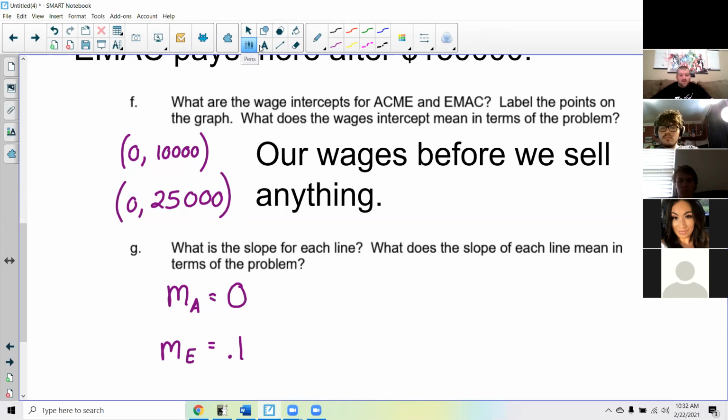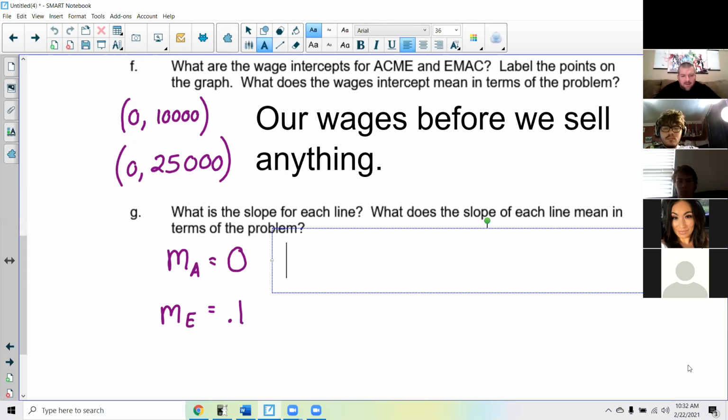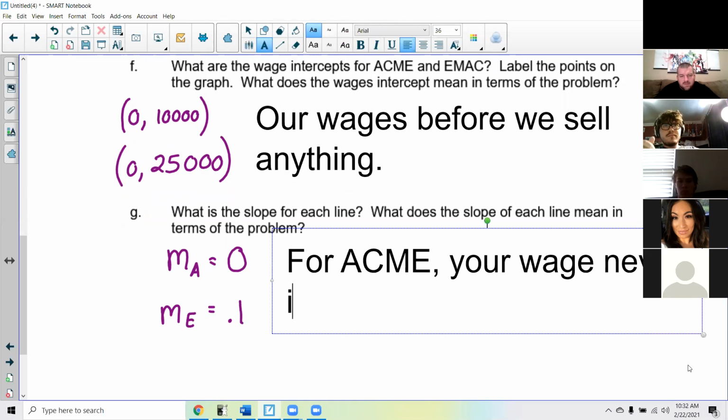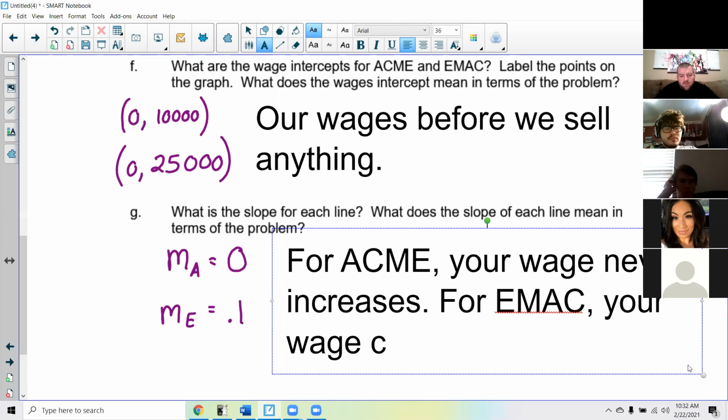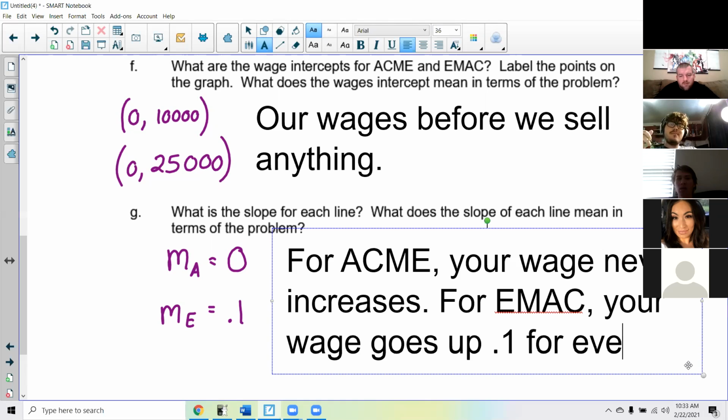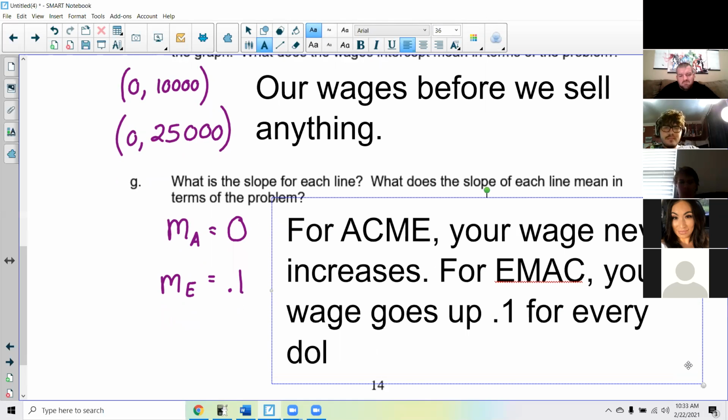Okay, and what does it mean in terms of the problem? So we'll say for Acme, your wage never increases. For Emac, your wage goes up 0.1 for every $1 of stuff sold.